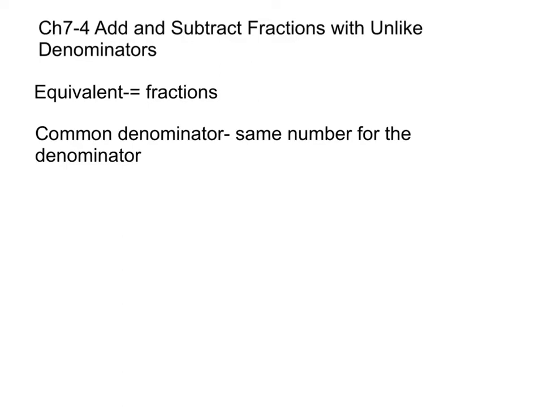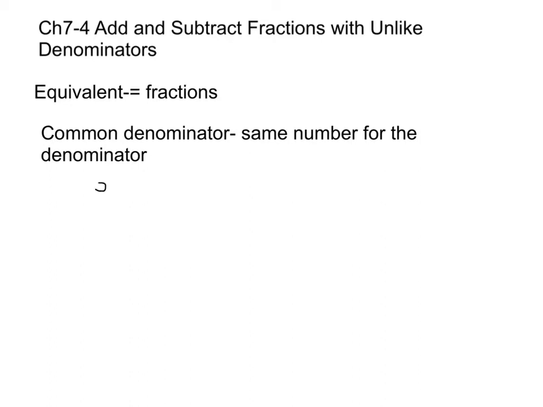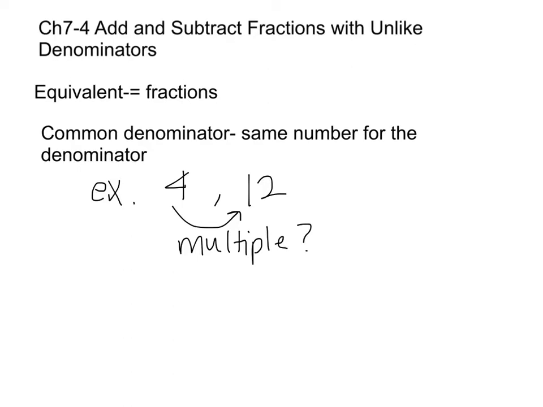And if one denominator is a multiple of the other, then you should use the greater denominator as the common denominator. So what do they mean by that? For example, if you have 4 and 12 as your denominators, is 12 a multiple of 4? Yes, it is. So in that case, you're going to use the larger number, okay? Why does it make sense to use the larger number?